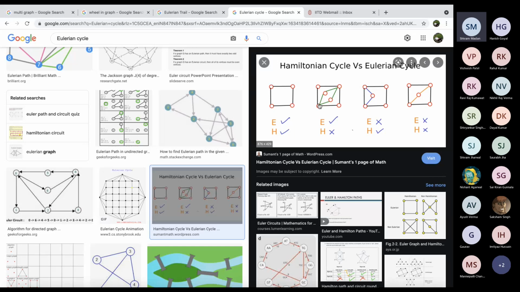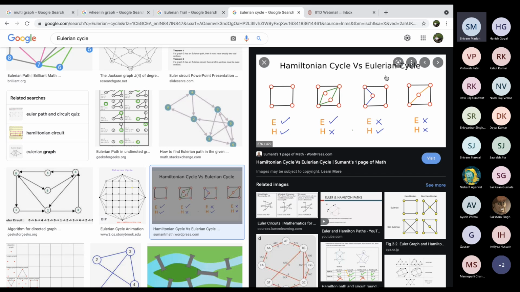So therefore it is an Eulerian cycle, or you can say Eulerian circuit. So therefore this graph is Eulerian, but this is not Hamiltonian. You cannot find any cycle here which contains each vertex. Okay. So this is an Eulerian graph but not Hamiltonian.